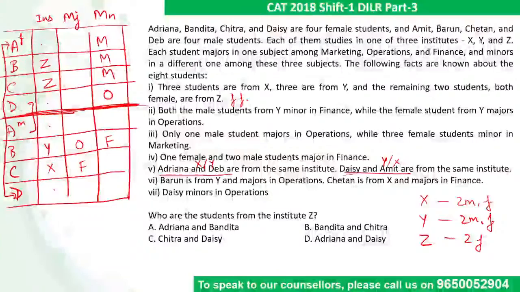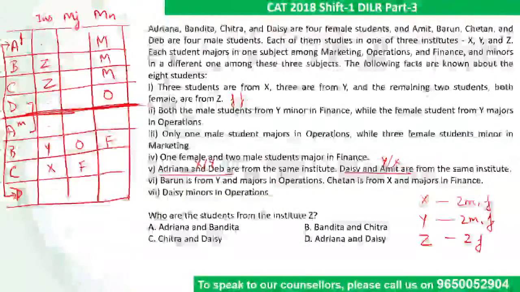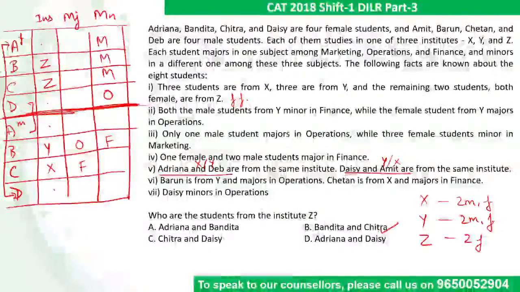So the question is, who are the students from Institute Z? So we know that Bandita and Chitra are from Z. That can be found from this. Let us see.